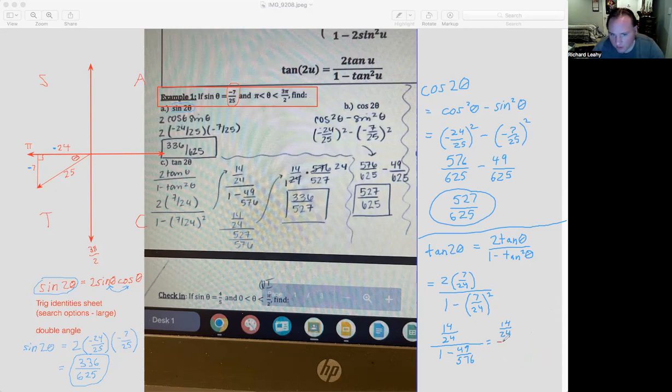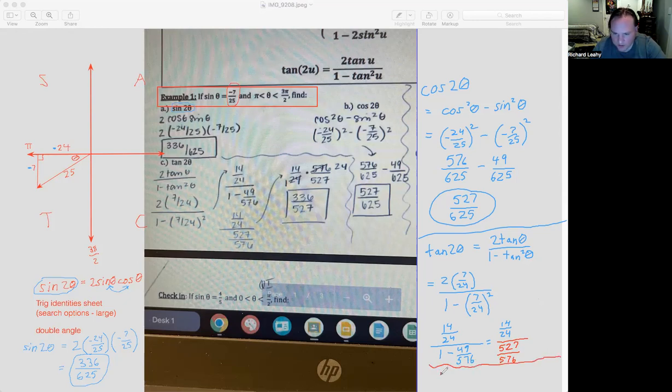Okay. 527. Notice that's the same number from before. This is the same subtraction. And then we're just going to rearrange this.